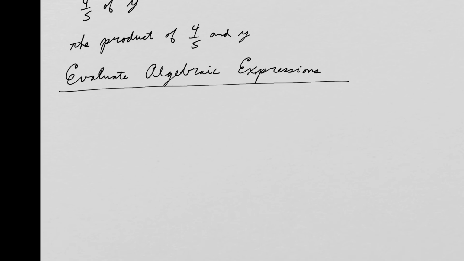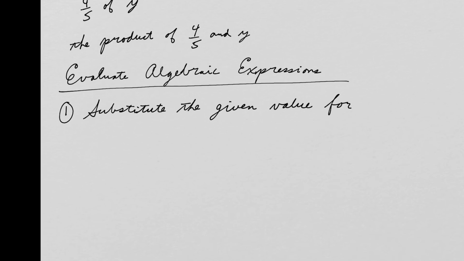So the first step is you simply substitute the given value in for each variable. And then carry out the computation. You have to be careful. You have to make sure to remember your order of operations.